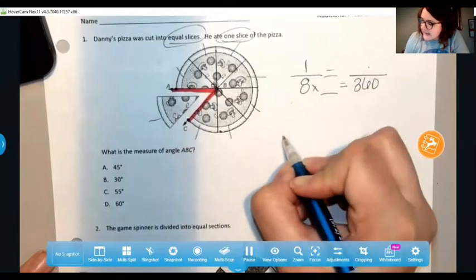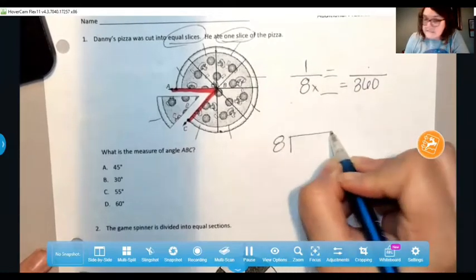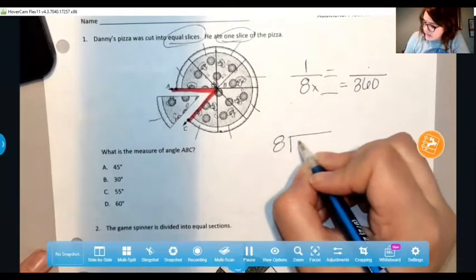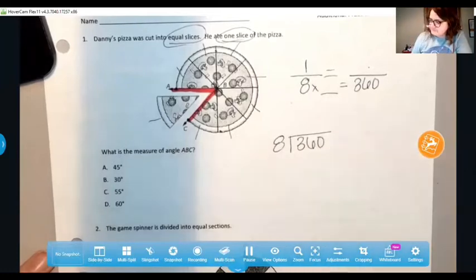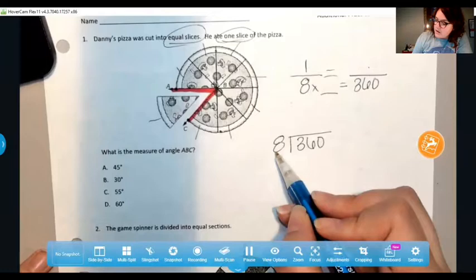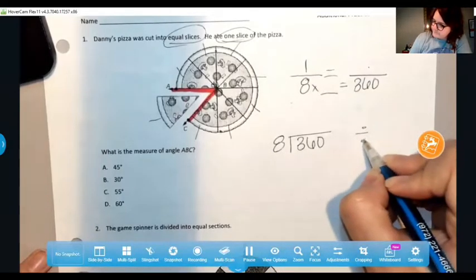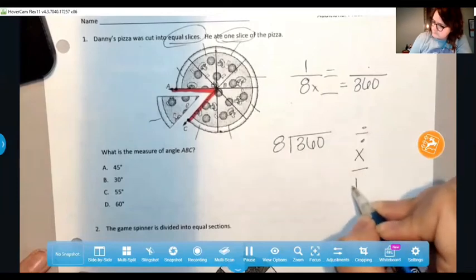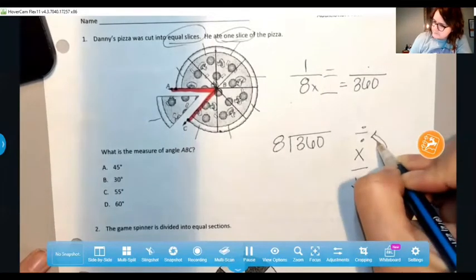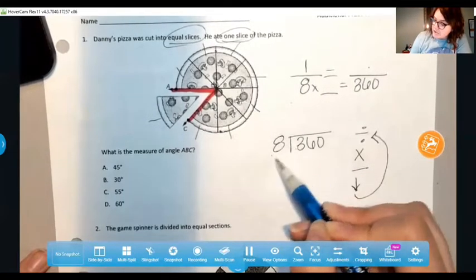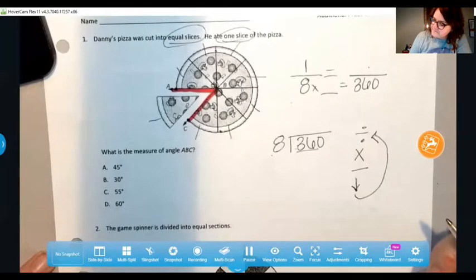So I'm going to take 360 and divide it by 8. 8 can't go into 3, so I'm going to go to 36.